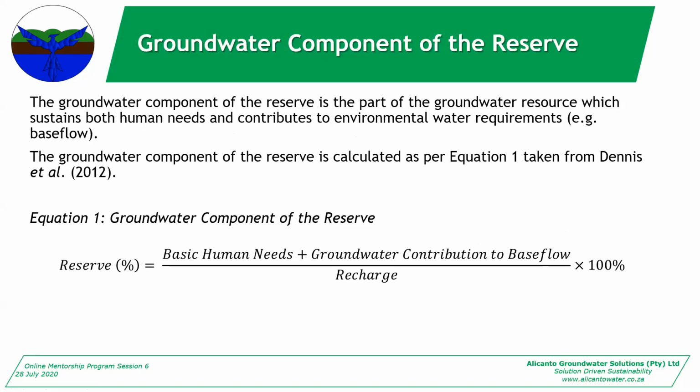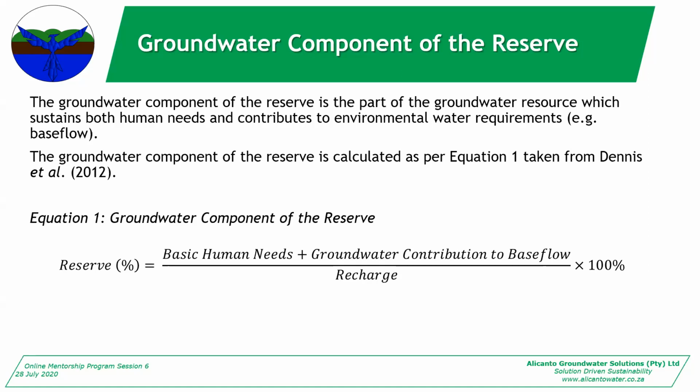Then we calculate the groundwater component of the reserve, which is the part of the groundwater resource which sustains both human needs and contributes to environmental water requirements, such as your base flow. Now, that's why the base flow calculations are important. So the base flow could be to a river or to a wetland or to any kind of surface water feature. If groundwater feeds that feature in the dry season or whenever, that is base flow.